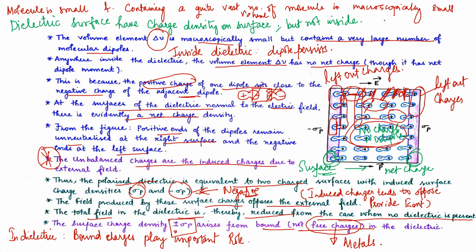So now we need to understand how it is important to place a dielectric in a capacitor. We have seen a dielectric which will get polarized, and that it is of two types, non-polar and polar.